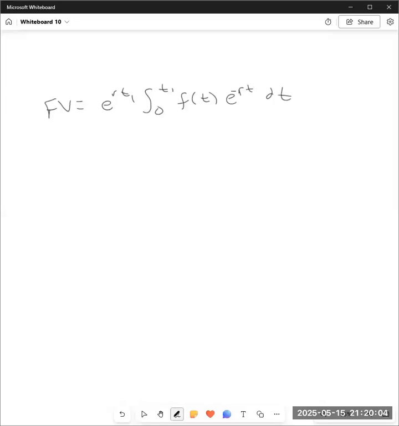Part A of 81 says to find the future value of $1,200 saved each year for 10 years, earning 7% interest. So my F of t should be 1200 t.